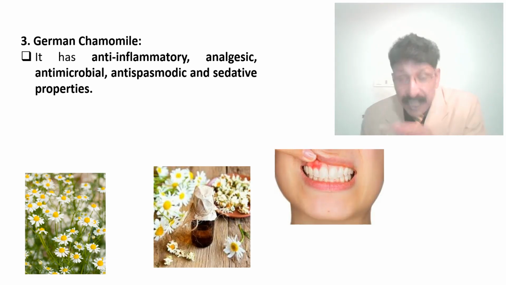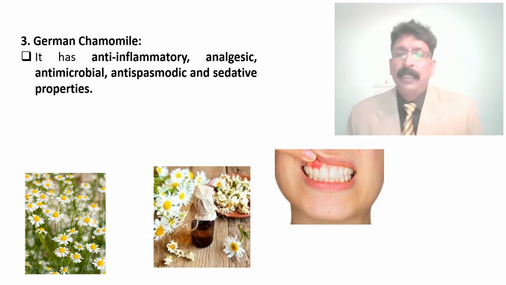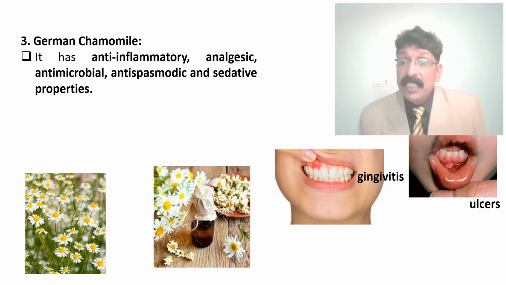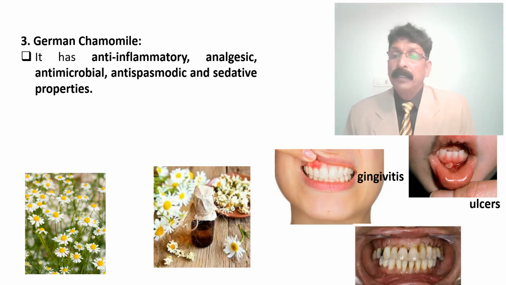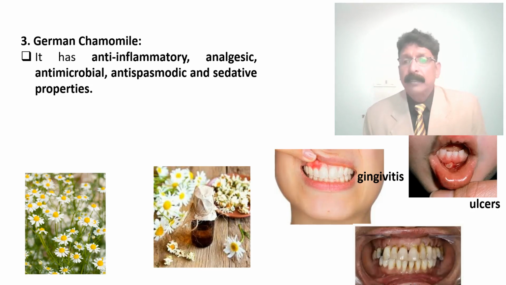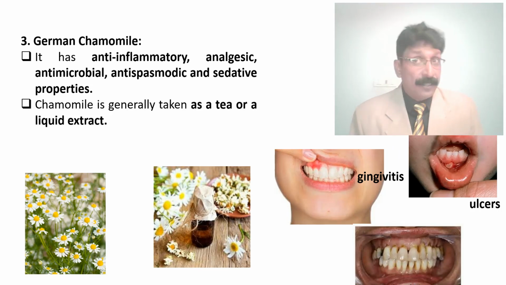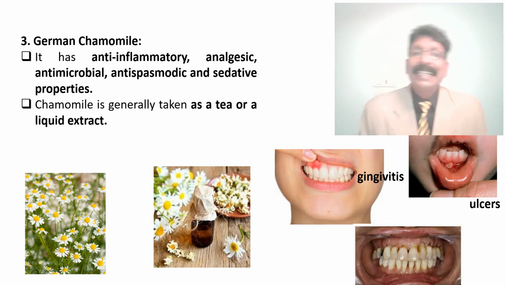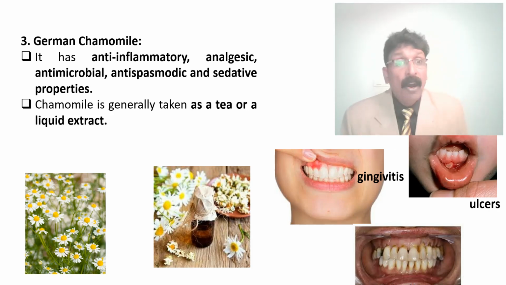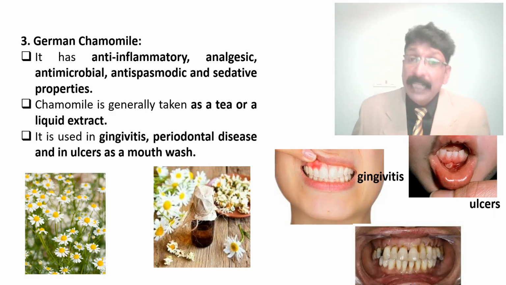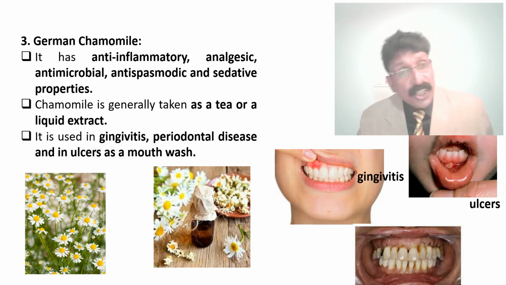The picture shows the start of gingivitis, the redness of the gums, then ulcers in the mouth and periodontal disease, with loosening of the teeth in the last stage of gingivitis. Chamomile is generally taken as a tea or liquid extract. It is used in gingivitis, periodontal disease and ulcers as a mouthwash.